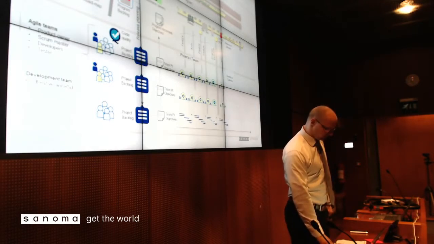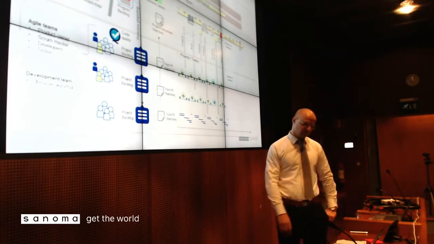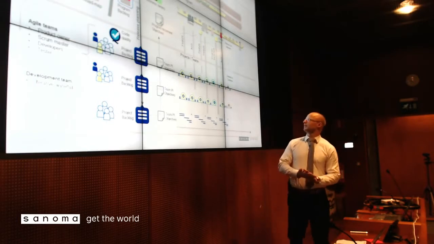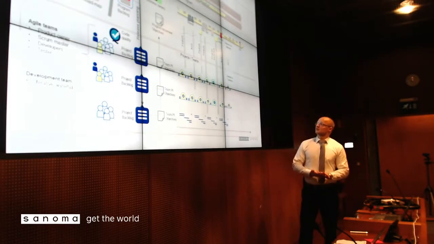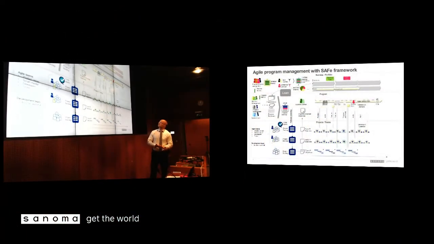After the first releases, we continue our development. And we have architectural epics and features that we are going to develop in 2-week or 3-week sprints. And then we have the next program increment.